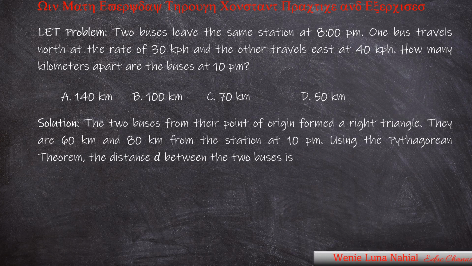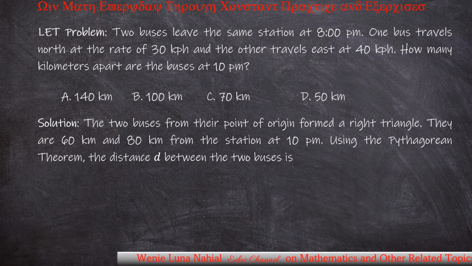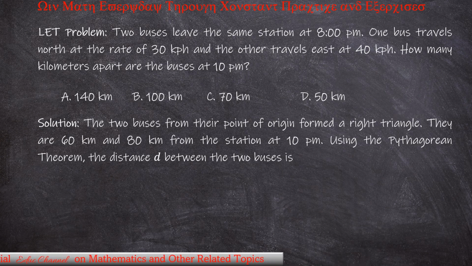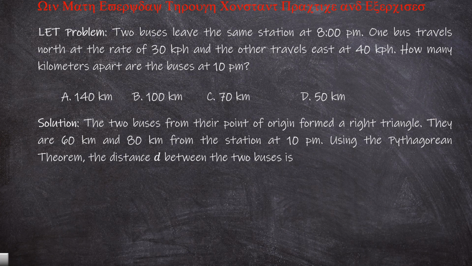For the solution, the two buses from their point of origin form a right triangle. They are 60 kilometers and 80 kilometers from the station at 10 p.m. That's after 2 hours.